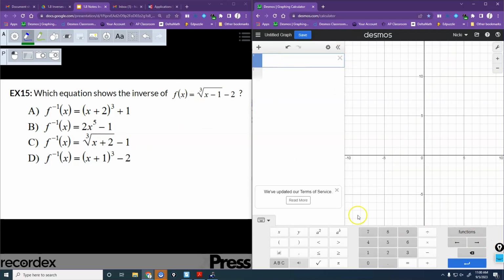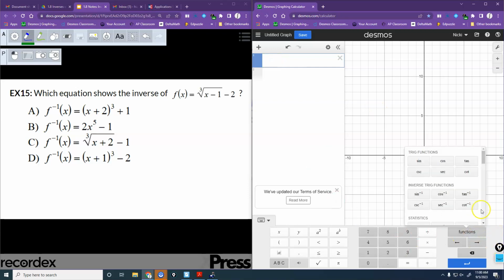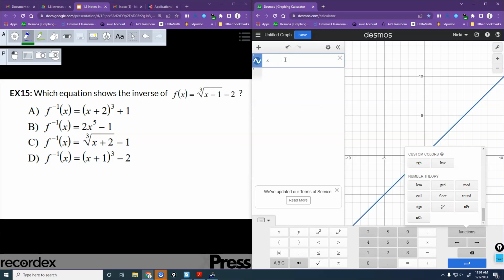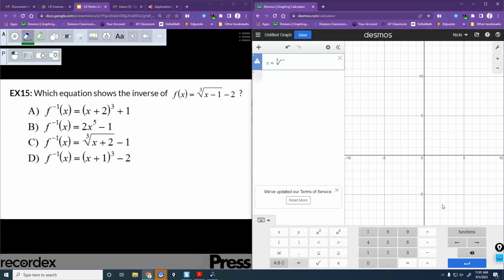So to type that in, you'll do functions, go down to the very bottom. It's that n root there. To type in the original equation, I'm going to go ahead and switch my x and y's. x equals, we'll do cube root, so we'll put a 3 right there. y minus 1. Make sure you hit over before you hit minus 2 so it's not on the inside of that root. Here's what my answer should look like.